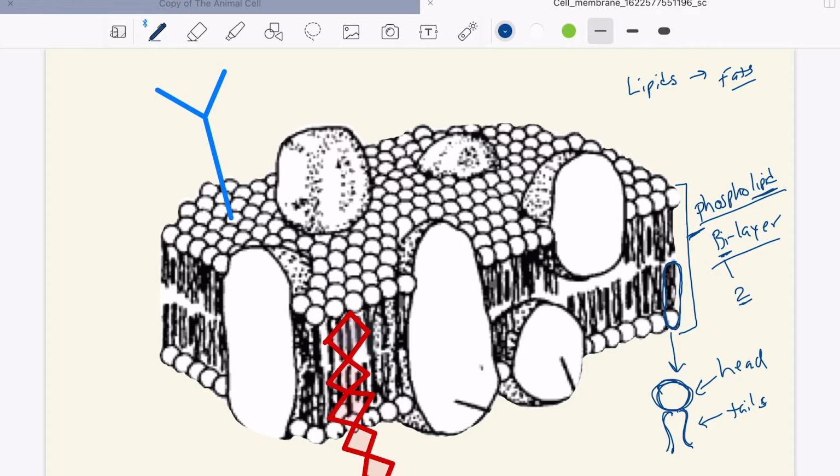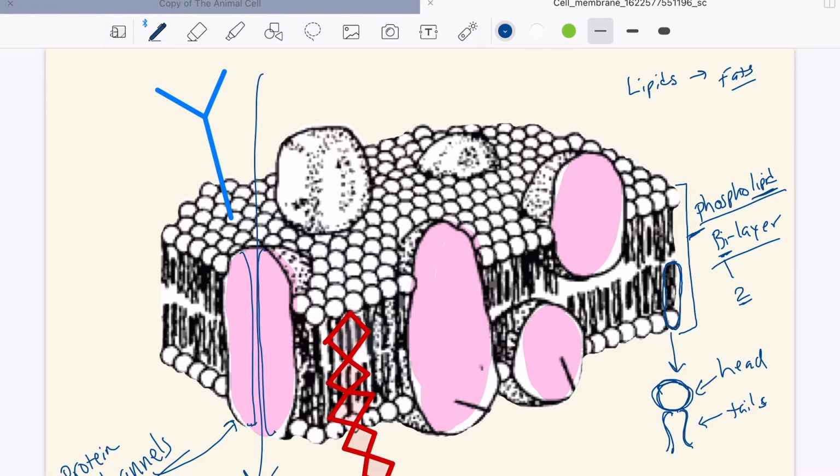Next, let's take a look at these large structures here. These structures right here are called protein channels. These protein channels help molecules pass through the cell.